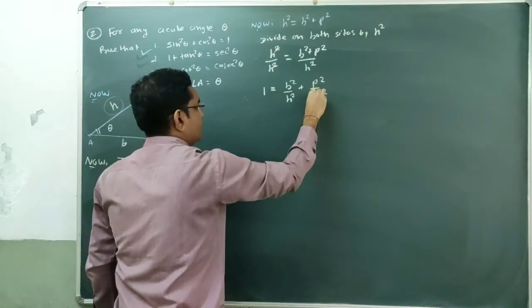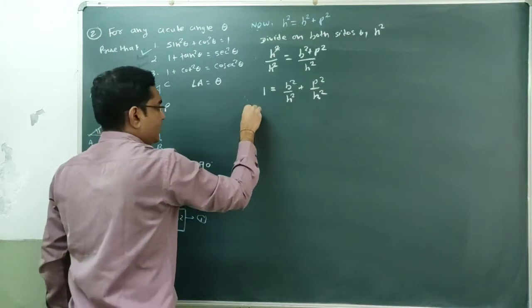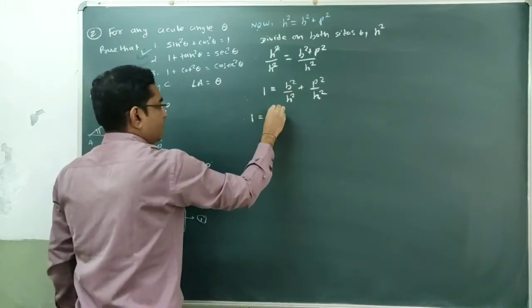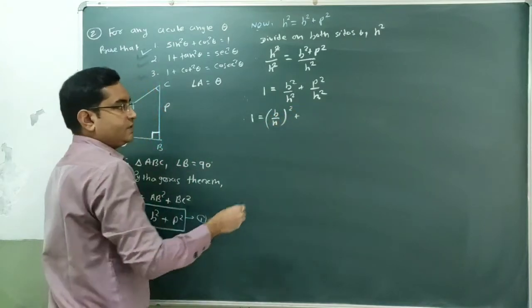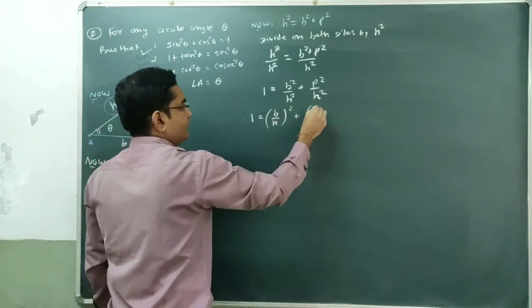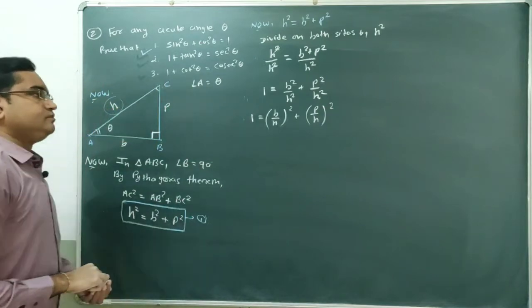Done? Now further simplification, it's 1 equal to, now this B square by H square can be written as B upon H whole square, taking this 2 power as common, it's a power of division, and P by H whole square. Done?